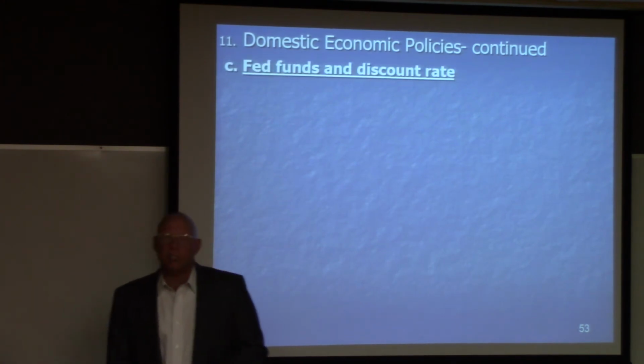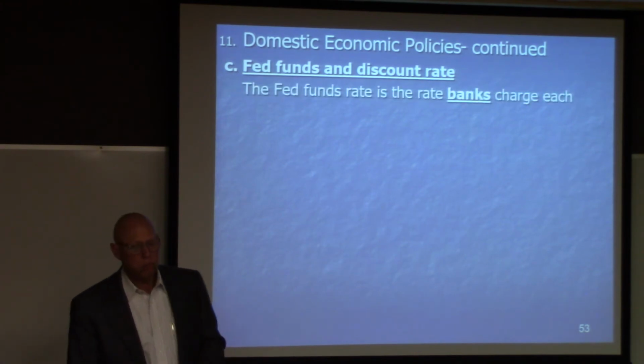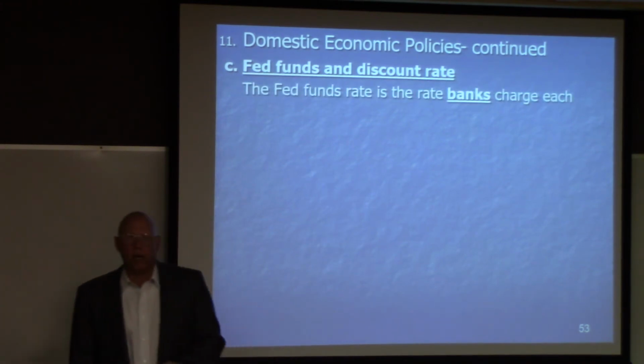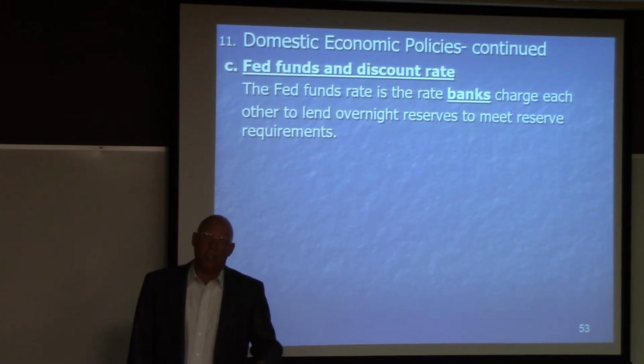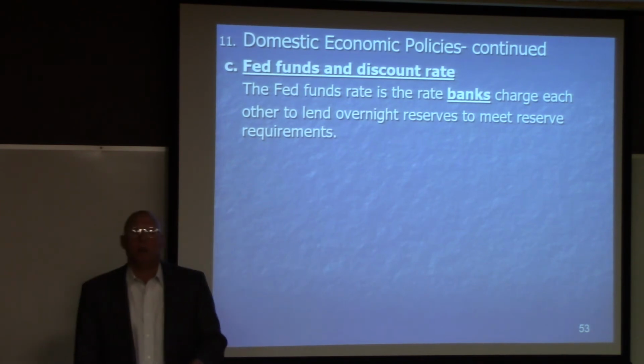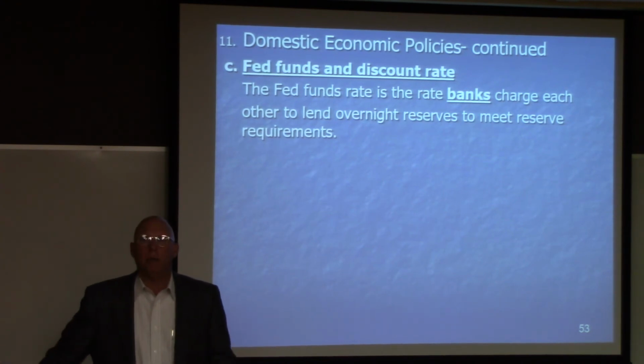Okay. Lastly, federal funds and the discount rate. The federal funds rate is the rate banks charge each other to lend overnight reserves to meet reserve requirements. So if a bank makes a big loan and cash flows out of the bank, they may need more cash in order to meet their reserve requirements, and they get on the phone, on the computer, and they start calling other banks and saying, can we borrow some money from you so we have enough cash to meet our reserve requirements?